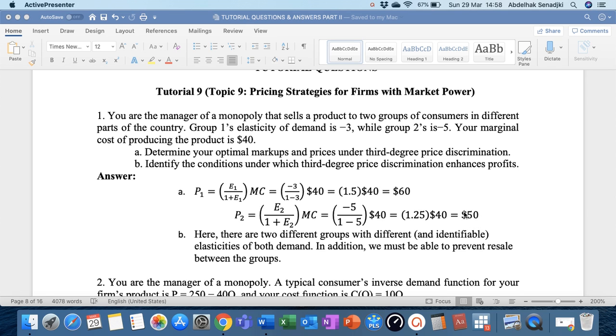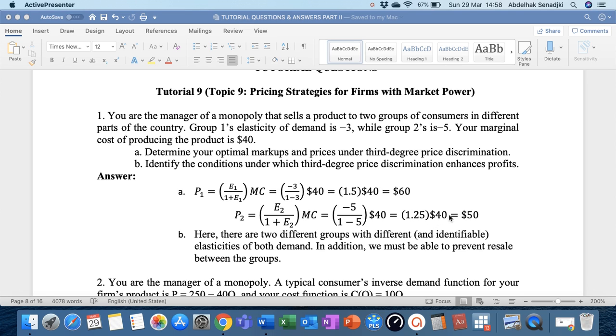Then identify the condition under which third degree price discrimination enhances profit. This will enhance profit only if this condition holds: we must be able to prevent resale between the groups. It means that the group we are charging only $50 should not resell the quantities to group 1, who is charged $60.